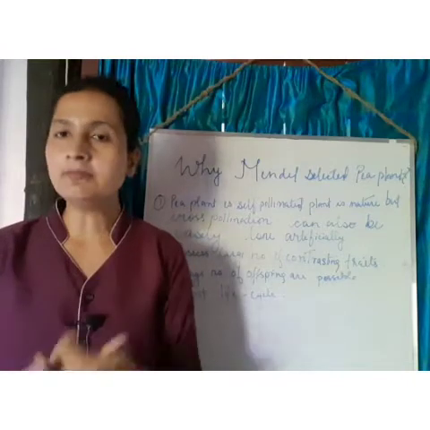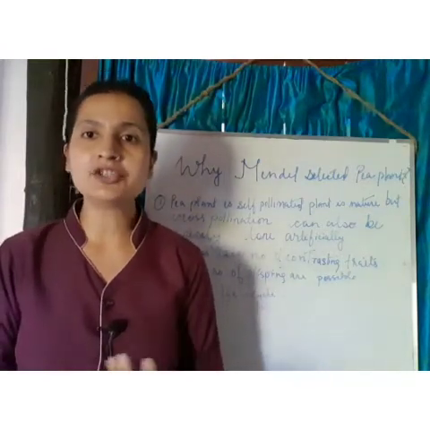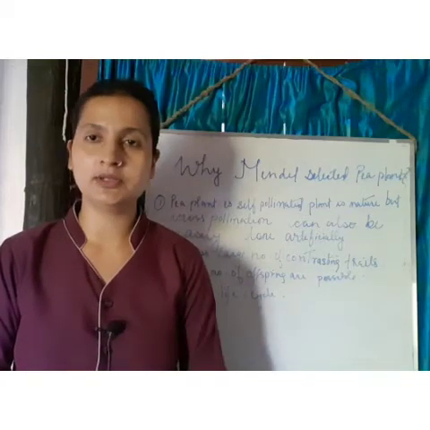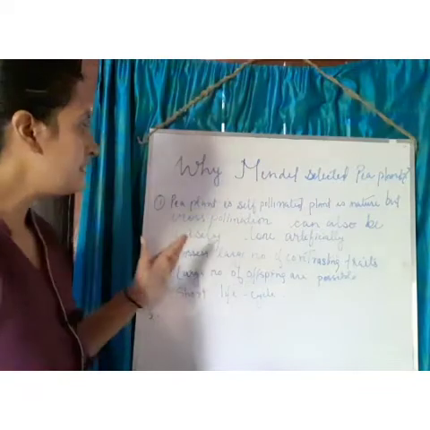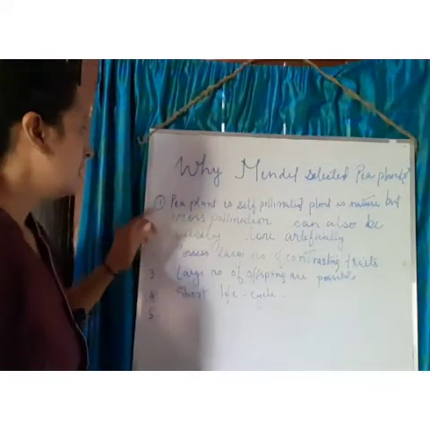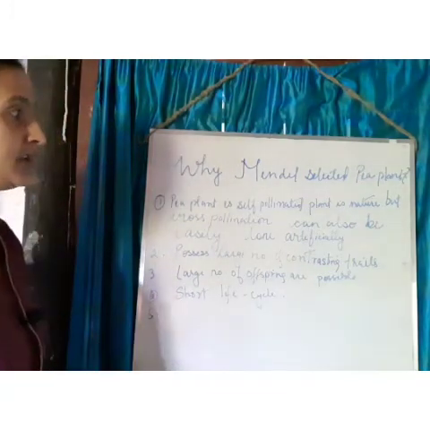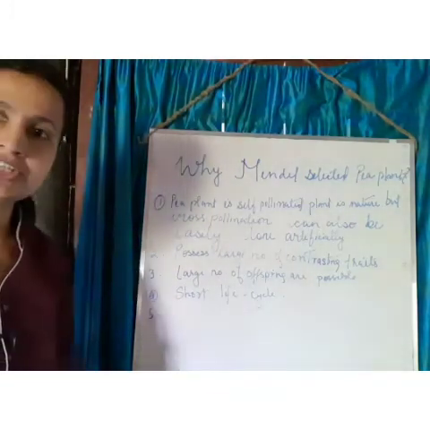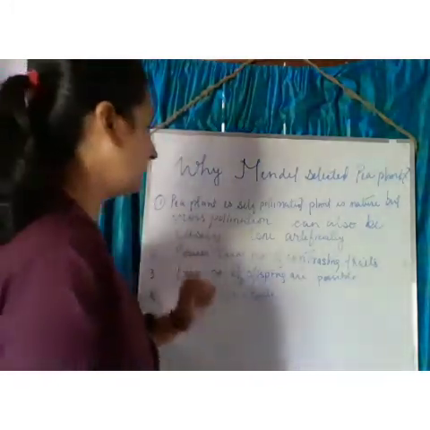In some plants self-pollination takes place, but artificially you cannot cross them, but here artificial hybridization or pollination could be done. So the pea plant is self-pollinated in nature, but cross-pollination can also be done artificially. This was the first thing.